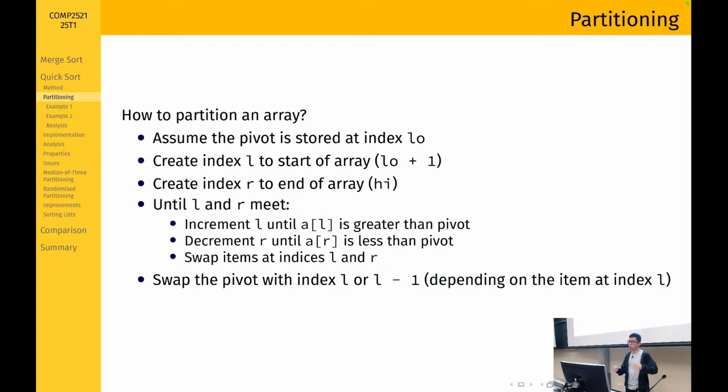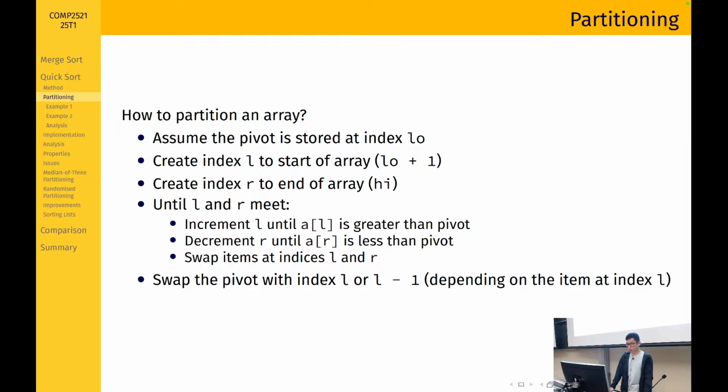And if we do choose another element to be the pivot, then we can simply swap it so that it ends up being the leftmost element. And then what we do next is we create two indexes. One index points to the start of the array, by which I mean the element after the pivot. And then we create another index to the end of the array.